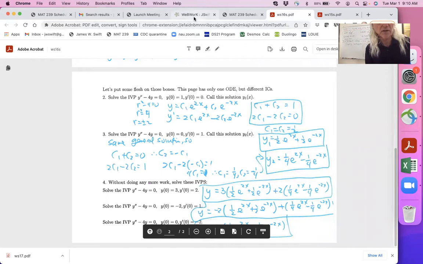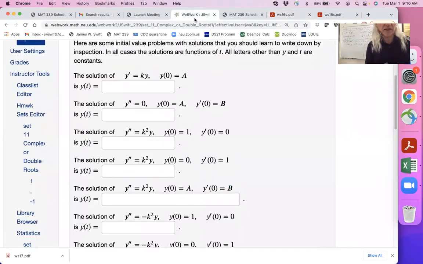So let's go back to the things here. You notice that these have a k squared y, so that just stands for any old positive constant. If y double prime is a positive constant times y, I'm in this situation. If y double prime is a negative constant times y, I'm in that situation.